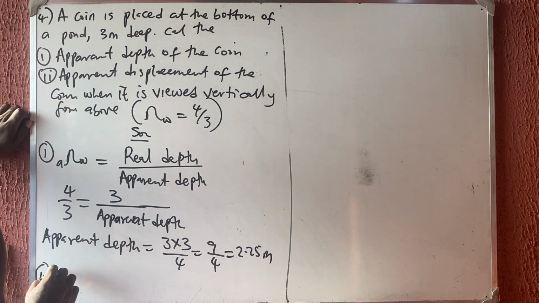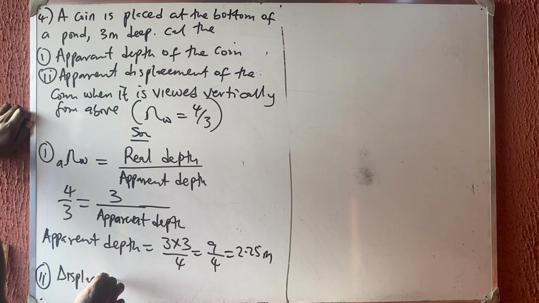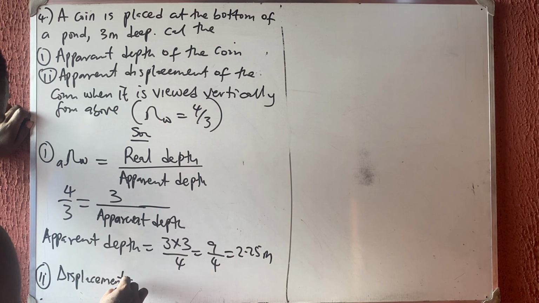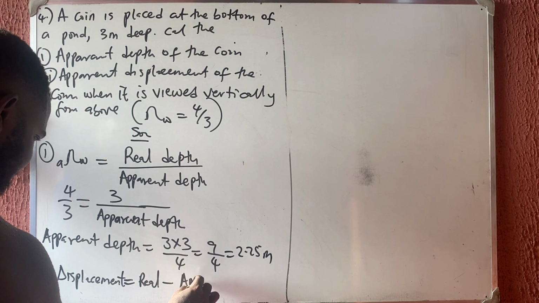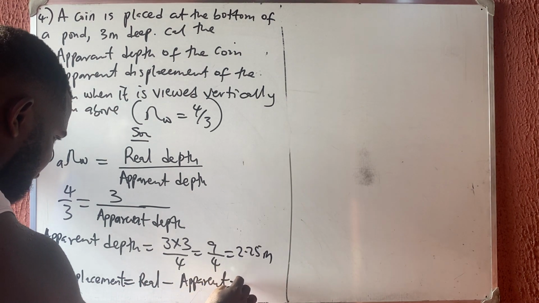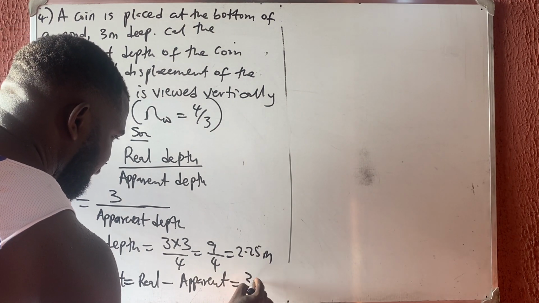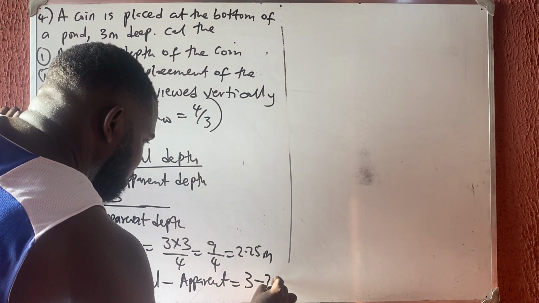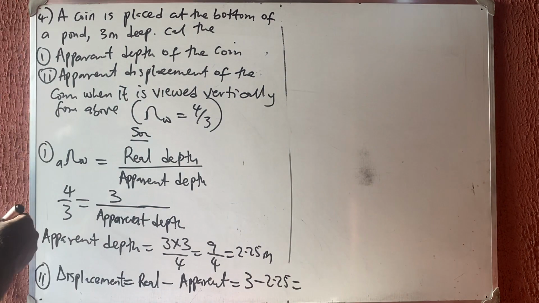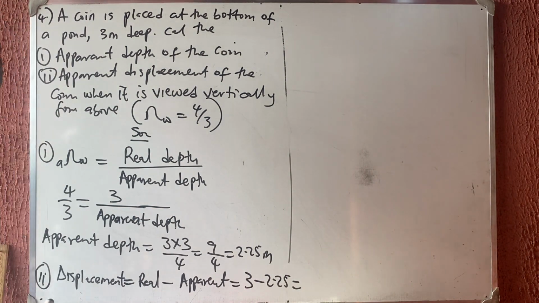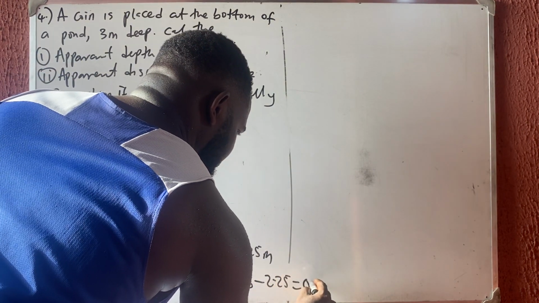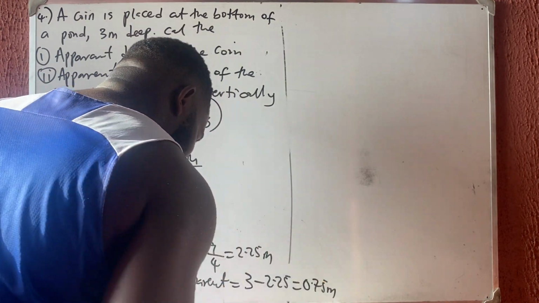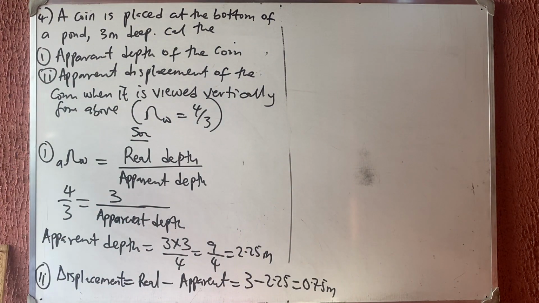Very simple. So the displacement is equal to the real minus the apparent, which is 3 minus 2.25. So 3 minus my last answer, I'm having 0.75 meters. Very, very simple to calculate.